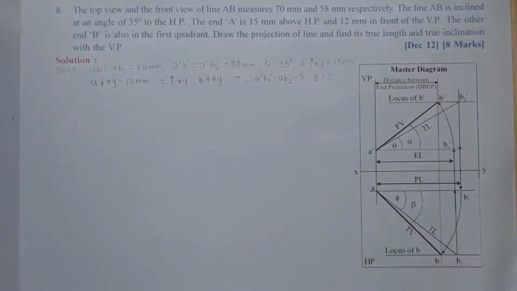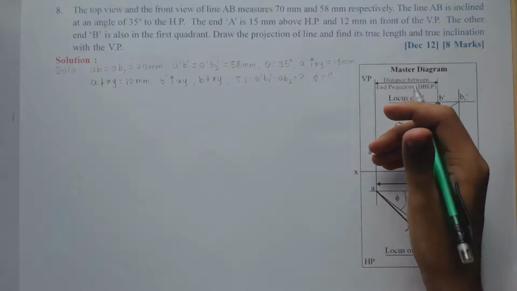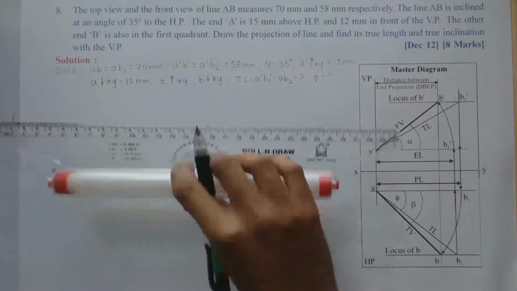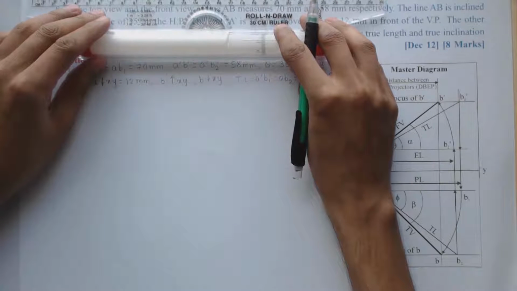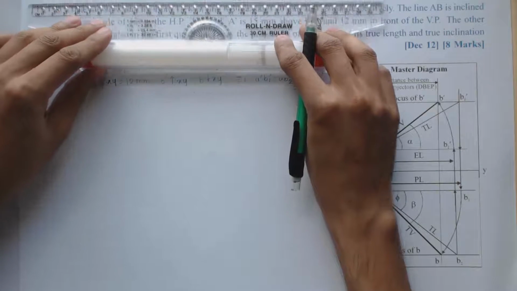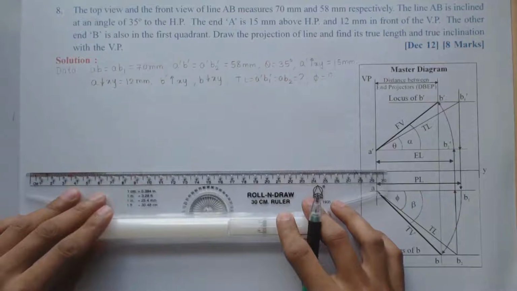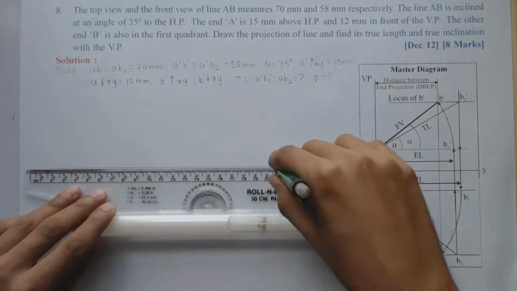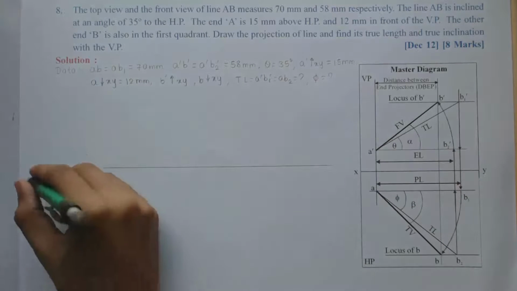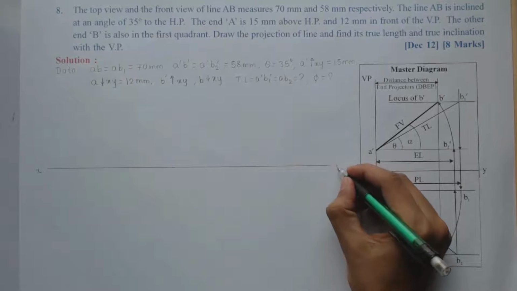Okay. Now starting with the solution, I have to first draw the reference line XY. Since the line is lying in the first quadrant, I need to leave some equal space above as well as below XY. So I'll start exactly somewhere in the middle. So this is my reference line XY.